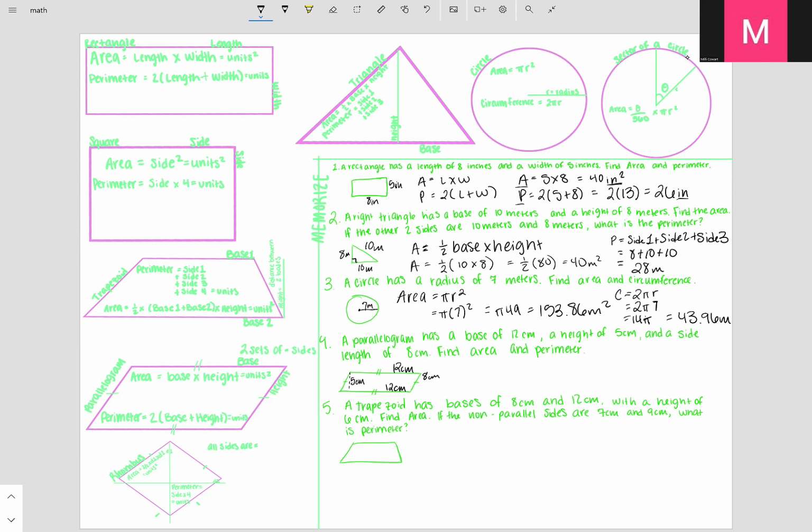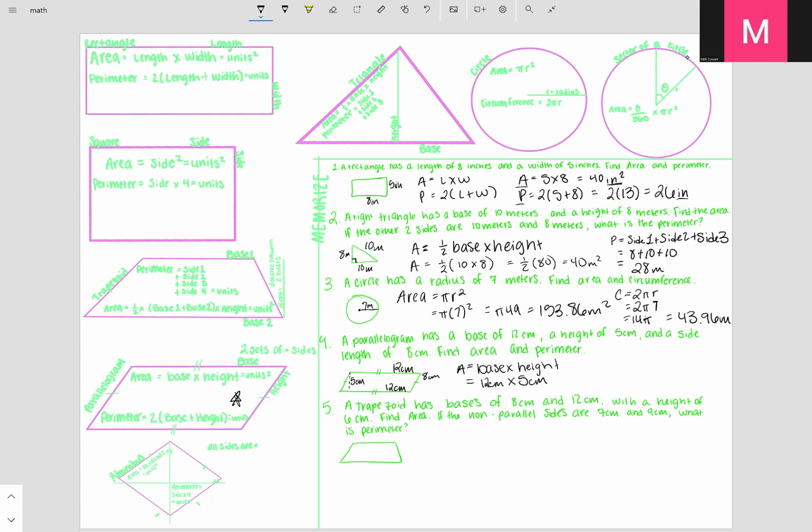So for this one, we'll be looking here. And the area equals base times height, which here will be 12 centimeters times 5 centimeters.